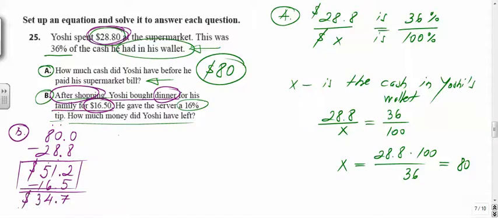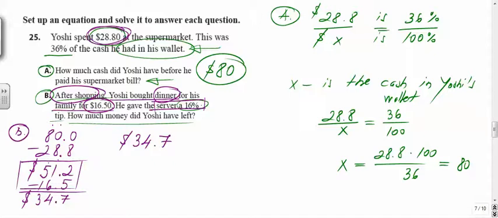Okay, so I know that after Yoshi pays for the dinner, he will have $34.7. However, Yoshi will give some tip, right?